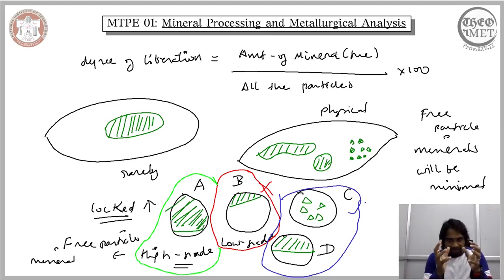Now, when we have categorized the initially fragmented particles into high grade and low grade and processed them accordingly, it is just type C and type D that need to be fed for subsequent comminution. Feeding them in just breaks them down again, and depending on how much size reduction we impose on type C and type D, we will correspondingly be able to liberate the minerals locked in these particles.